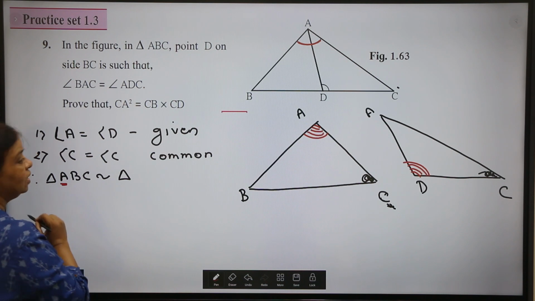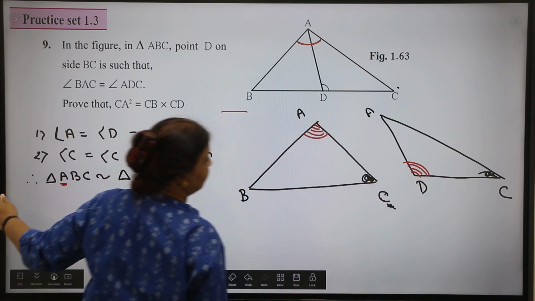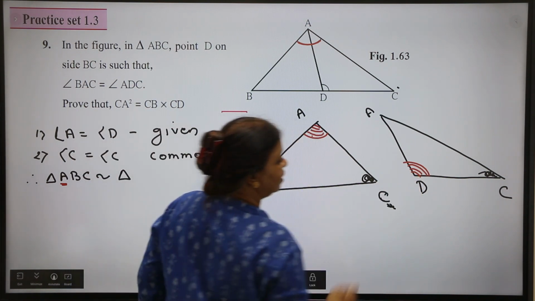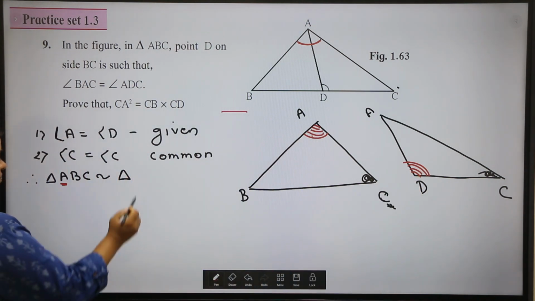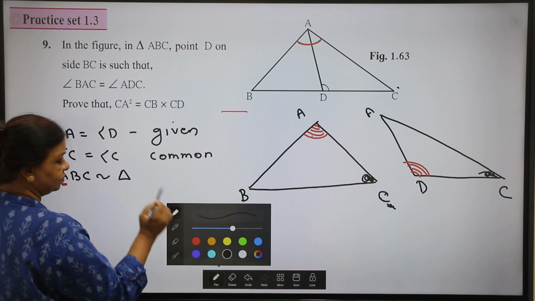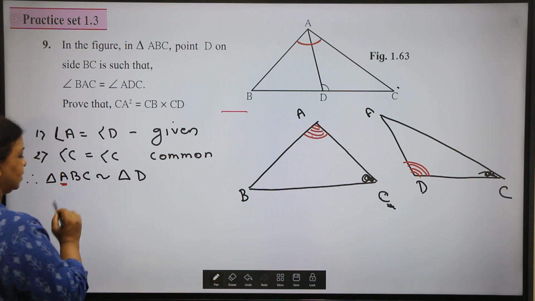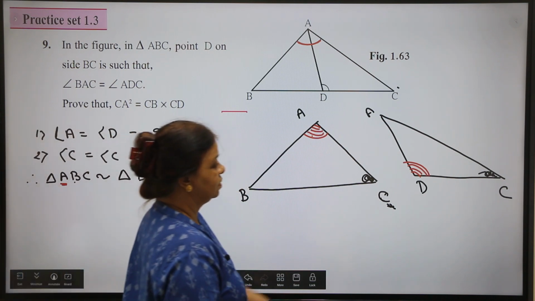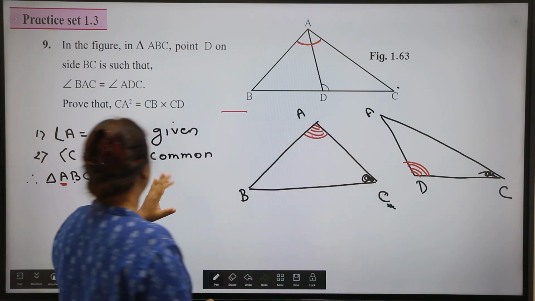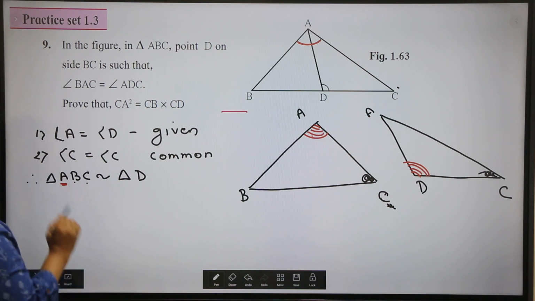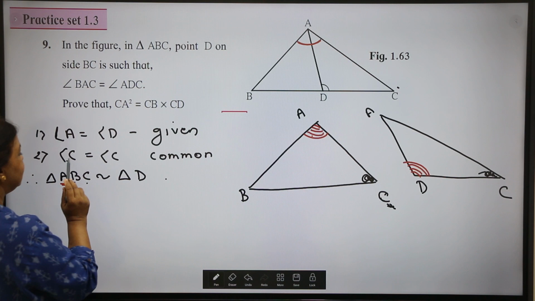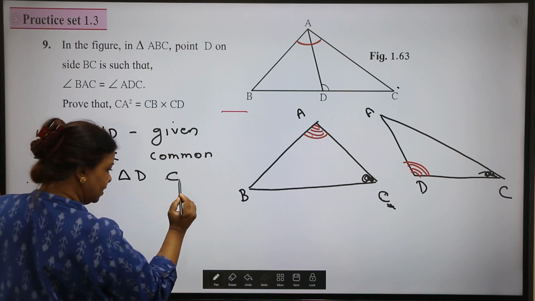So in the other triangle, which angle is equal to angle A? D. Therefore I should start from D. Then B, I can write, okay, forget about the second one. Third one, angle C is equal to C. So I will write C.